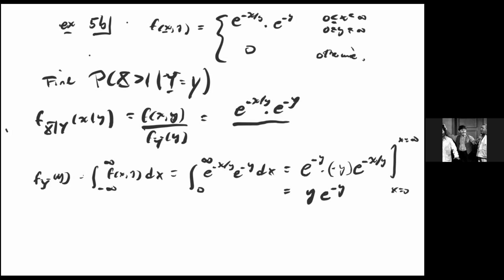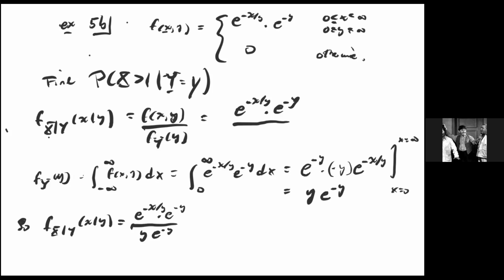So therefore, f of x conditioned on y is given by the density function with numerator e to the minus x over y times e to the minus y, over the denominator, which we just computed as y e to the minus y.